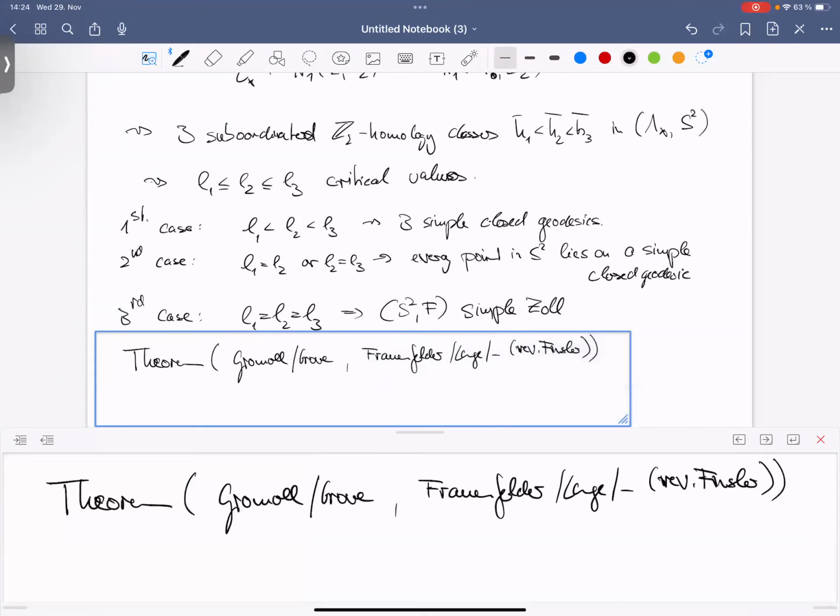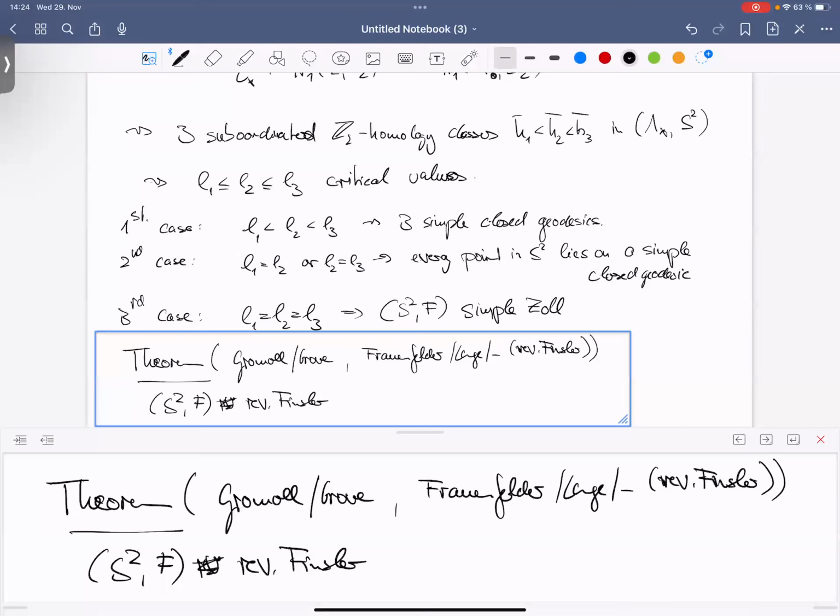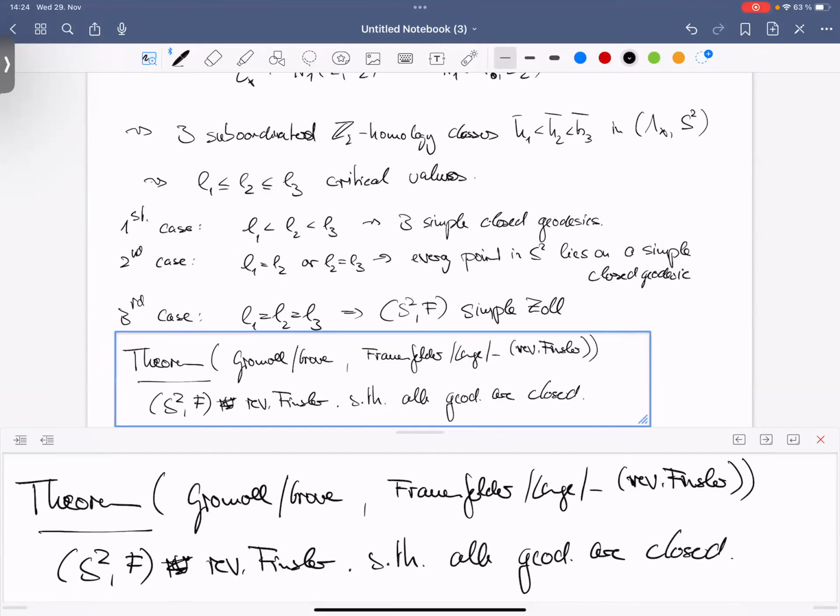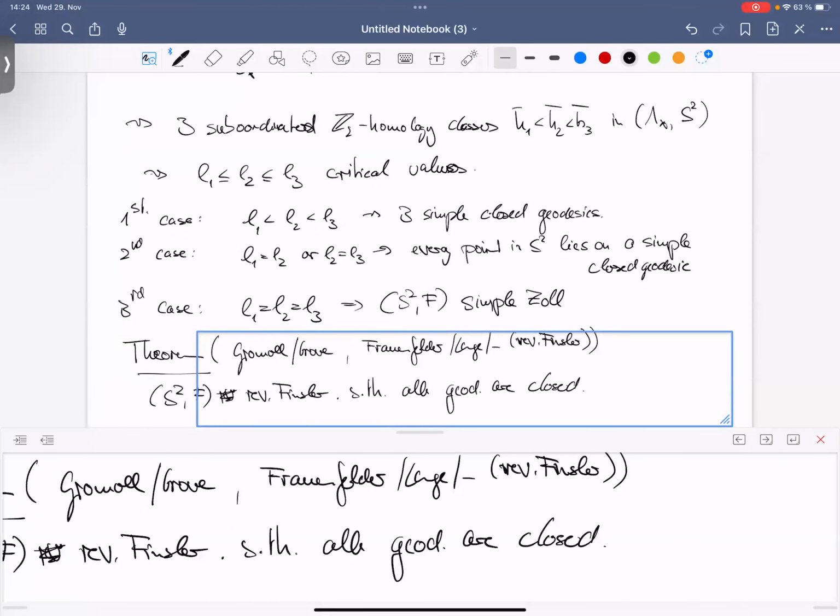It says that if you have a two-sphere with a reversible Finsler metric such that all geodesics are closed, then they cannot have self-intersections because they are simple closed.